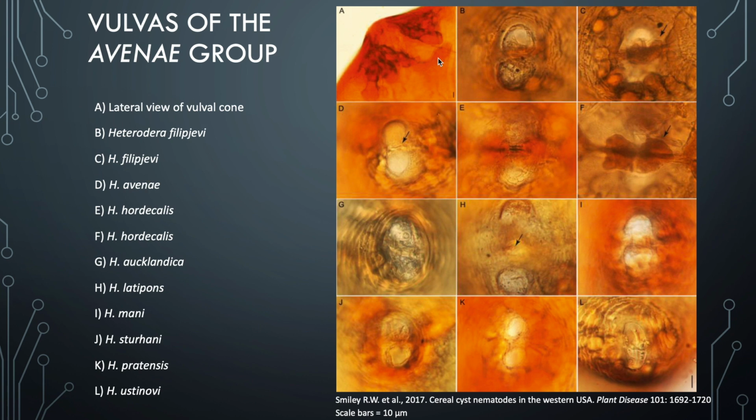And these are the vulvas of the avenae group. You can see the various species and the differences in the structural features of the nematode vulvas in the different species. It is not uncommon that many different invertebrate species specifically have their genitalia studied in order to identify them and distinguish the species within the genera.